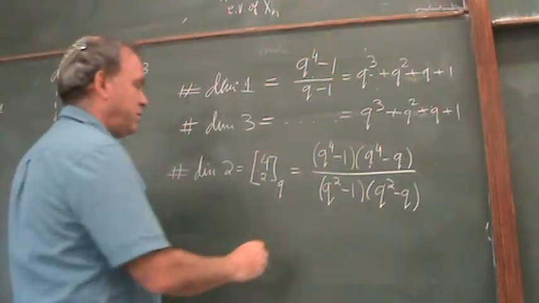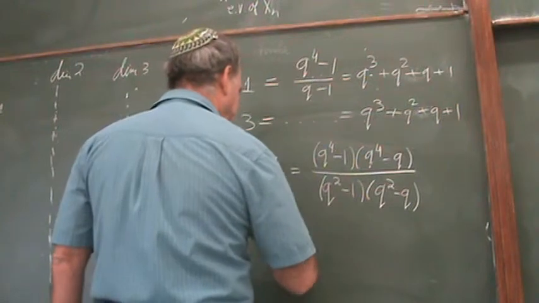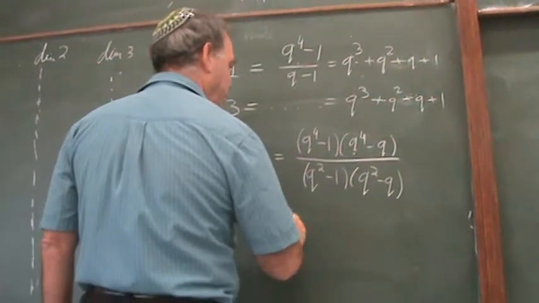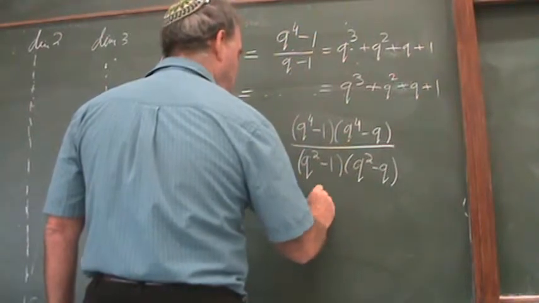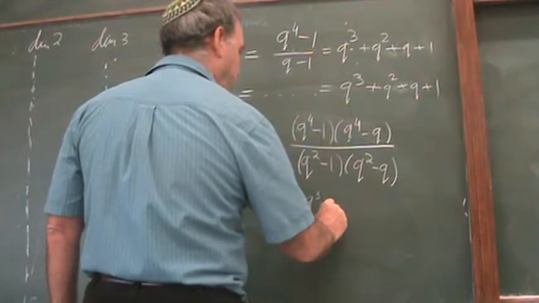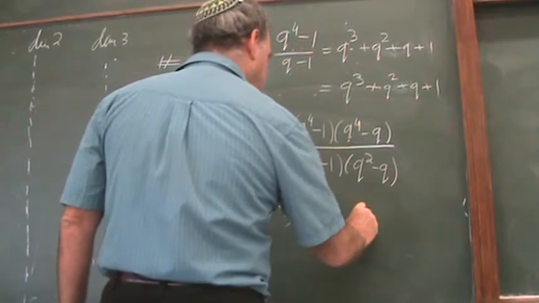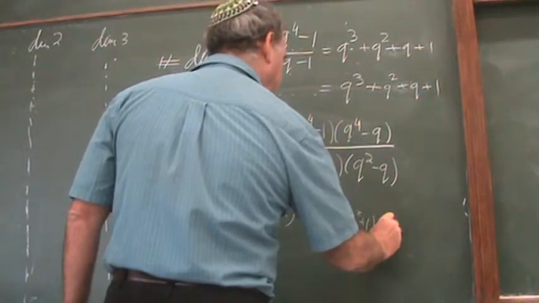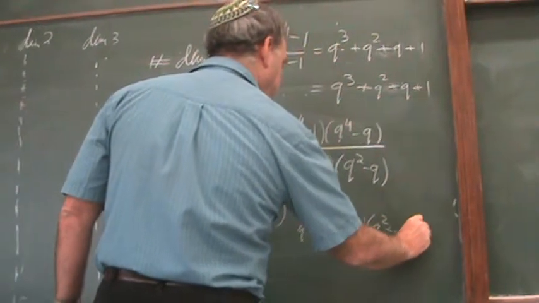So if you want, this is (q to the 4 minus 1) divided by (q squared minus 1), which is q squared plus 1, and now we can divide both by q, then (q cubed minus 1) divided by (q minus 1). This is (q squared plus 1) times (q squared plus q plus 1).